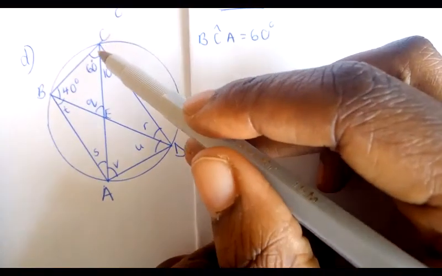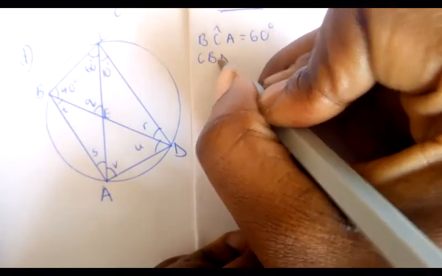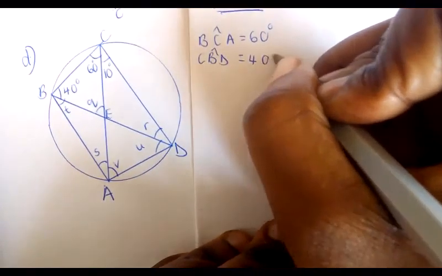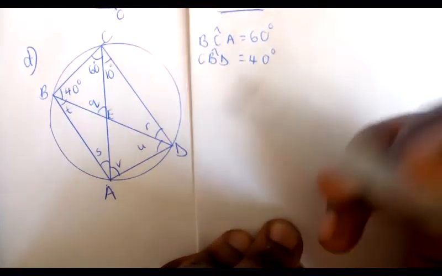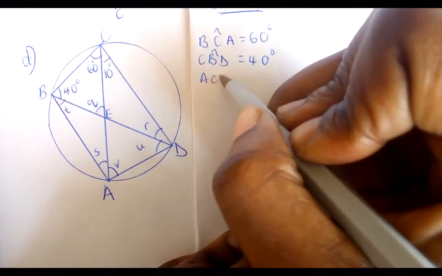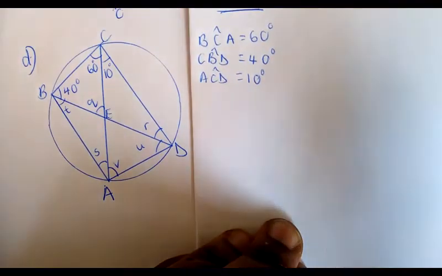Our next angle is this 40 degrees. This is angle CBD. Angle CBD is equal to 40 degrees. And the other angle that we are given is angle ACD, which is equal to 10 degrees.